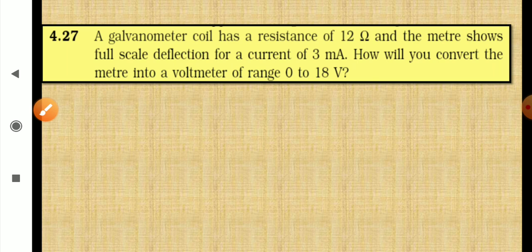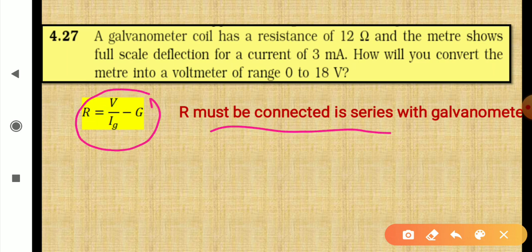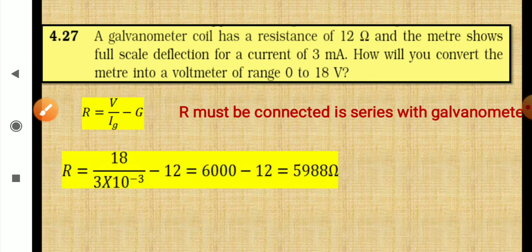So let's see how we solve it. We know that R is equal to V upon Ig minus G. R must be connected in series with the galvanometer. And putting the values here, the value of V is 18 volt, range of voltmeter.